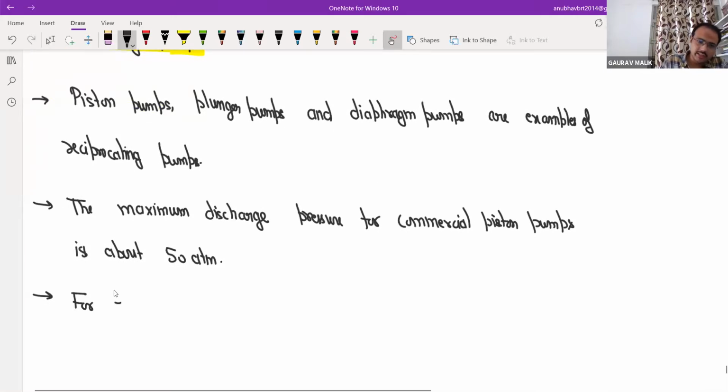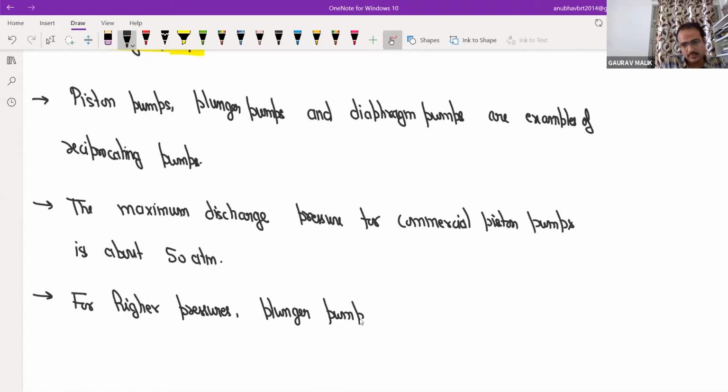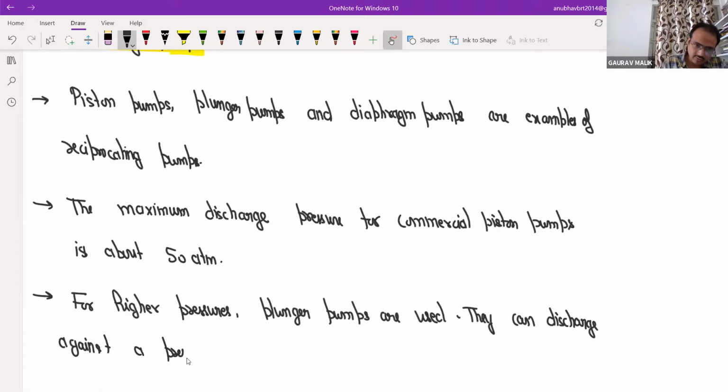For higher pressures, plunger pumps are used, and they can discharge against a pressure of 1500 atm or more.